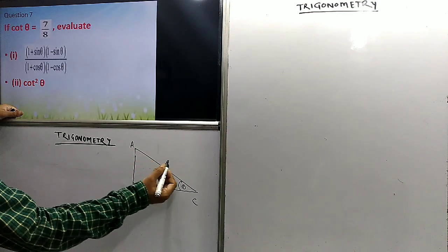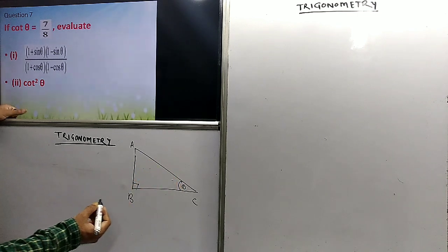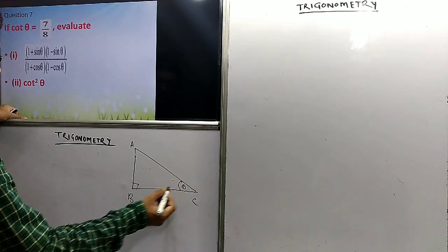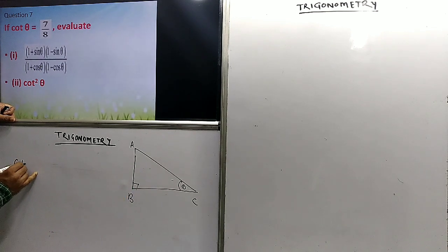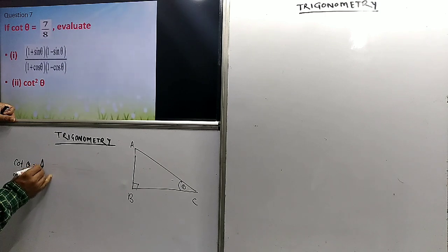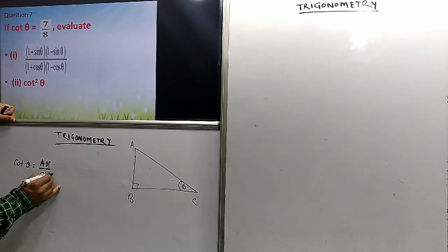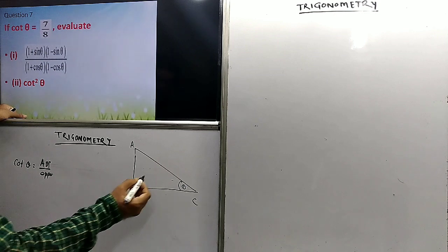Cot theta means, in this angle C, say it is theta. This angle C is theta. Cot, you know, cot theta is adjacent side by opposite side, because tan is opposite side by adjacent side.